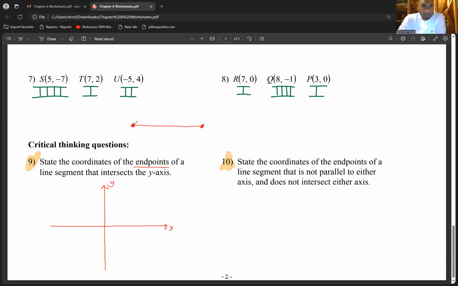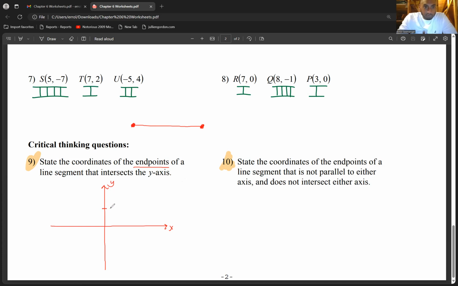This is an endpoint right here, and this is an endpoint right here. Just basically the two ending points.